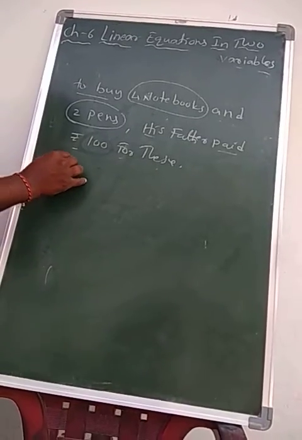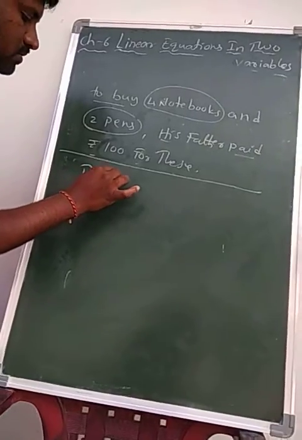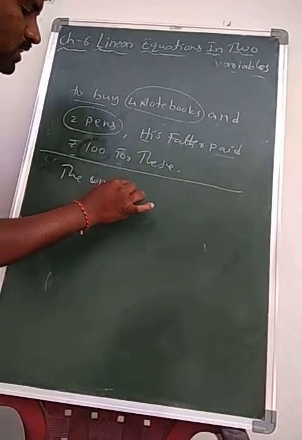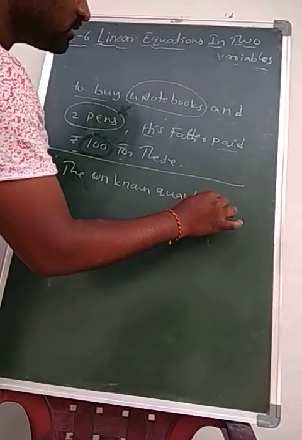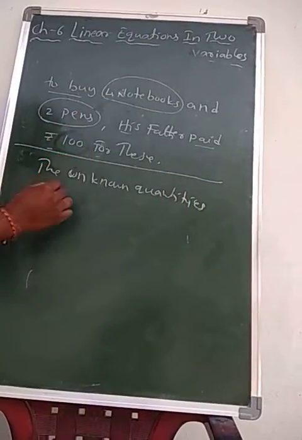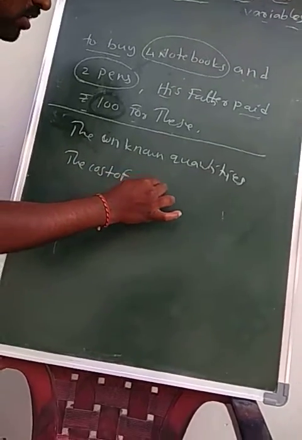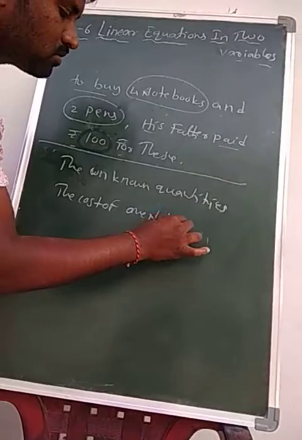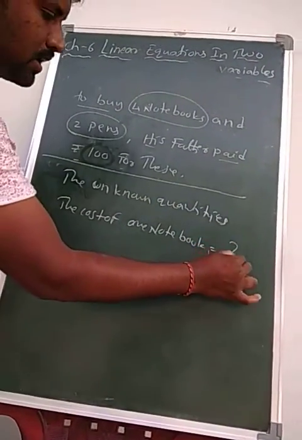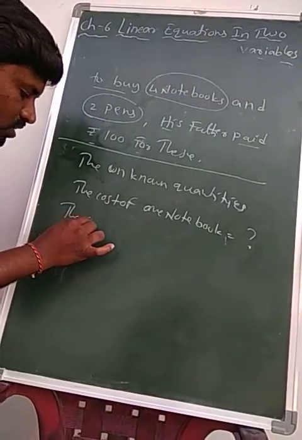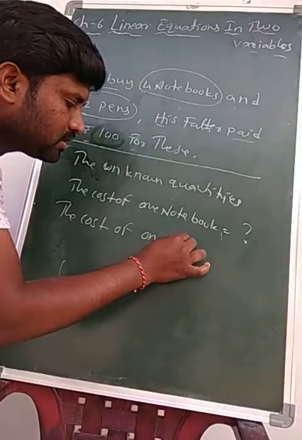The unknown quantities are the cost of 1 notebook and the cost of 1 pen.